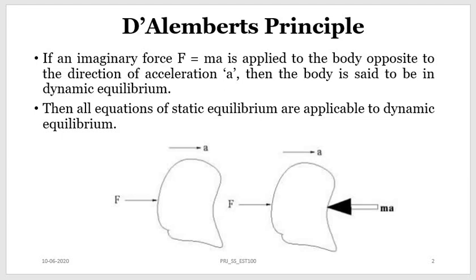Now, in order to keep that body in the equilibrium position, what I have to do is apply a force of the same magnitude in the opposite direction. We know that the magnitude of the applied force is mass times its acceleration. So I have to apply a force of magnitude ma in the opposite direction.